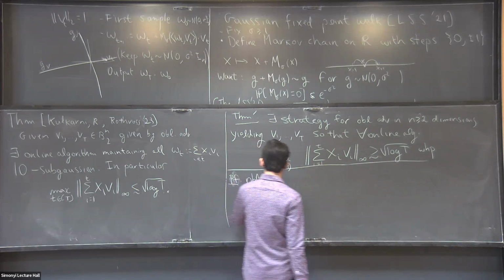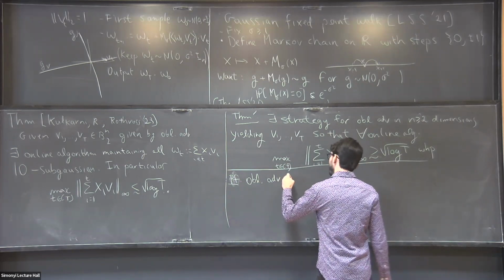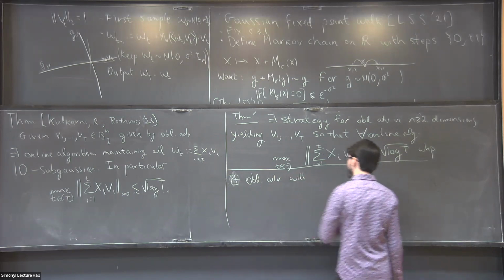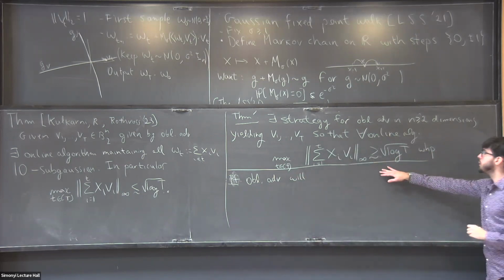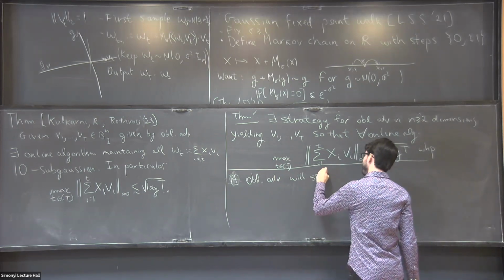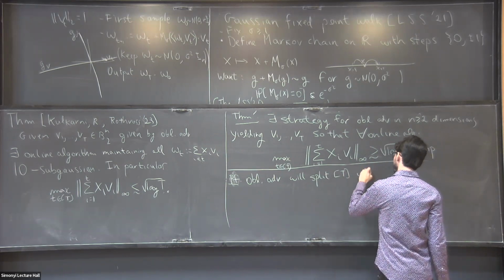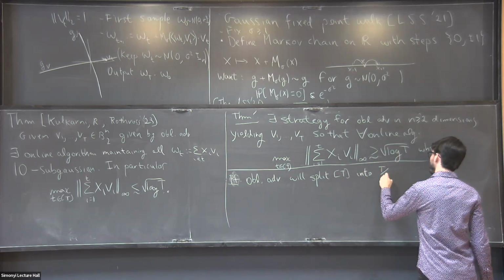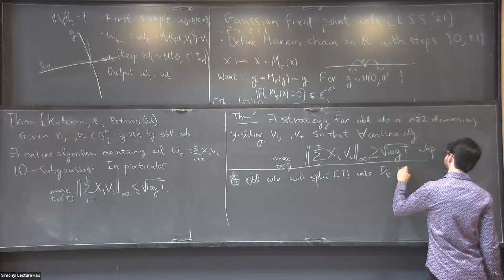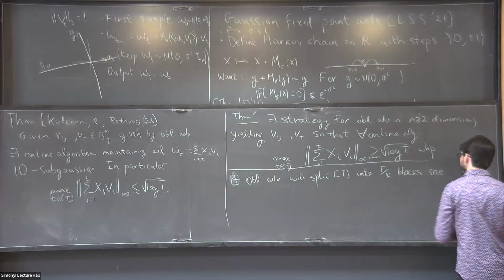So the oblivious adversary will, first, split the time horizon into several blocks of some logarithmic size.